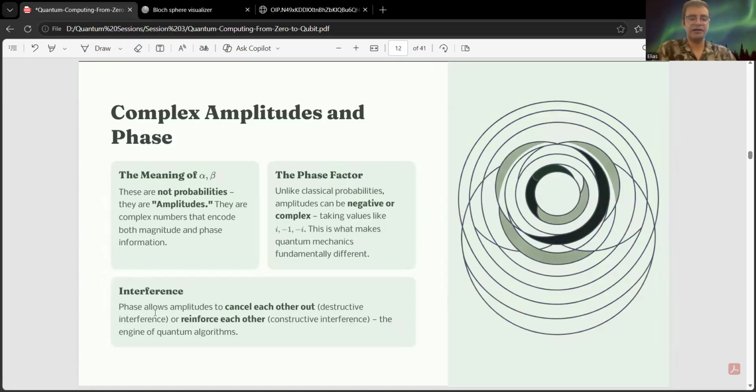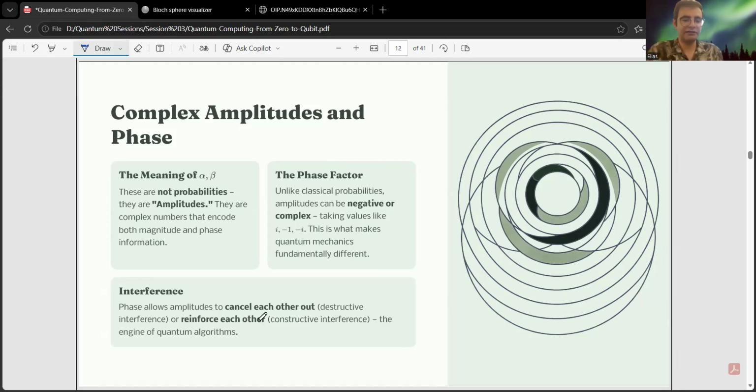So now amplitudes can cancel each other out if they are in destructive interference, and constructive interference means that the amplitudes can help each other or make each other bigger. Let's say I have two waves here, one of them like this and the other like this.